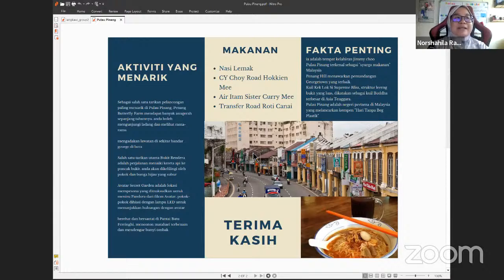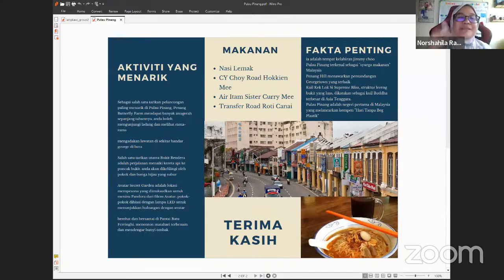So you can cover the food from the different cultures, from the Chinese, the Indian, the Malay. You can list out the restaurants that we can choose. So it can be a travel guide for your friend as well.